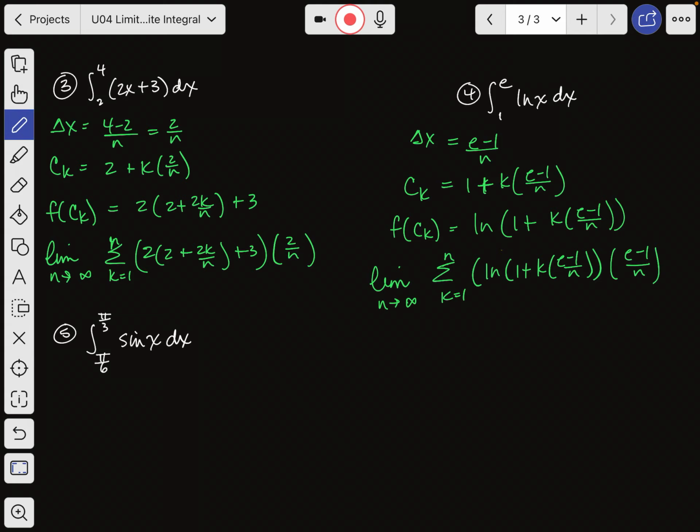And our last example, the upper limit is pi over 3, the lower limit is pi over 6. So delta x is pi over 3 minus pi over 6 divided by n. And so this is going to give you pi over 6n. C sub k is equal to the lower limit plus k times delta x.